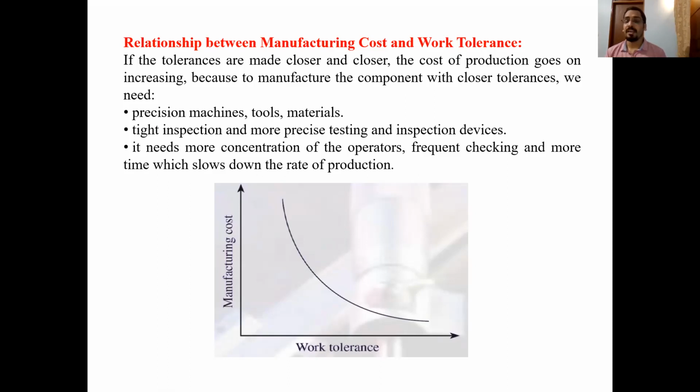Tight inspection is needed, and for tight inspection you have to select good engineers, and good engineers' salary should be high. So in this way the cost of production goes on increasing.